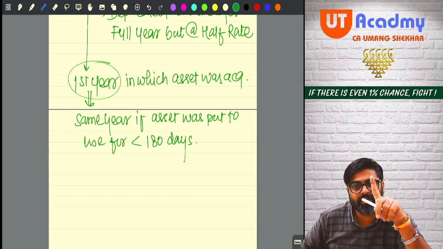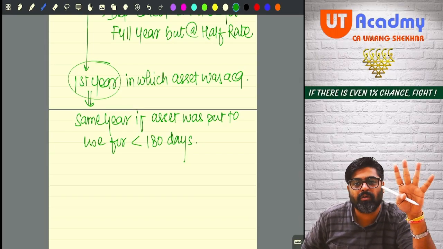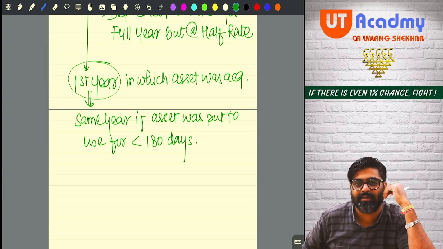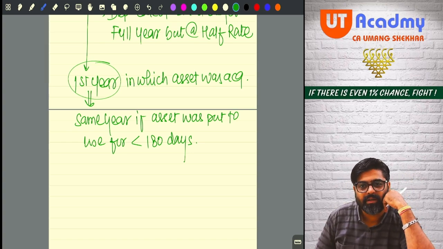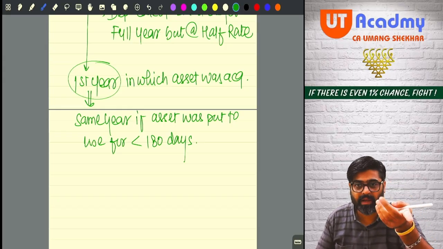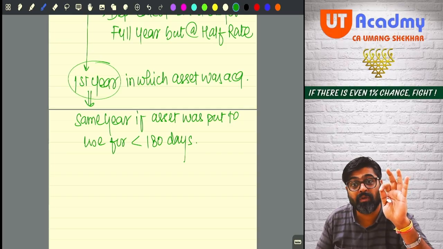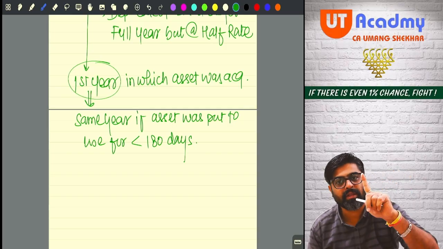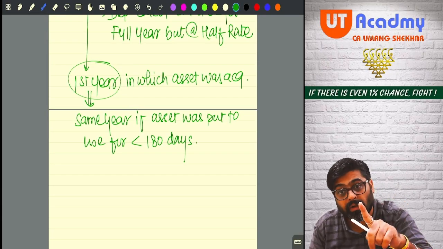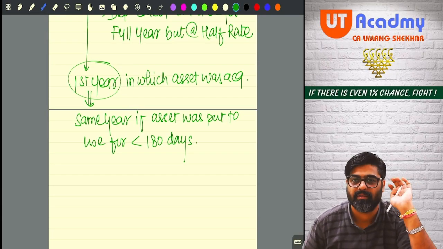So this restriction is applicable only in the case of calculating the depreciation on the asset for the first year. In the year in which the asset was acquired, if the asset is put to use for less than 180 days, the depreciation can be calculated for full year, but at half of the applicable rate.